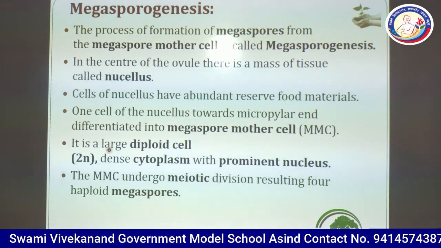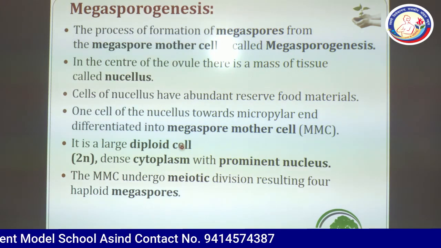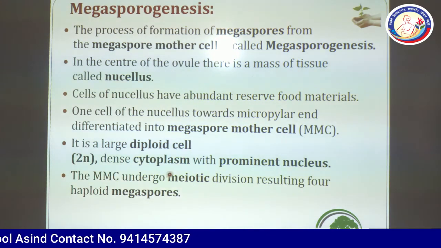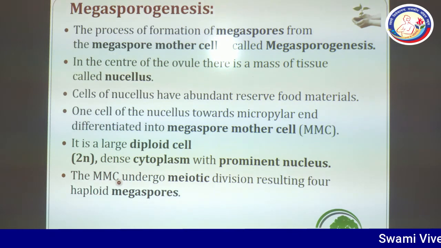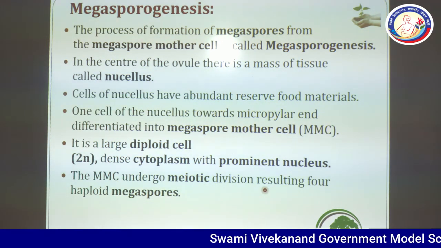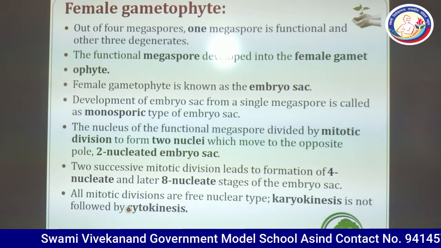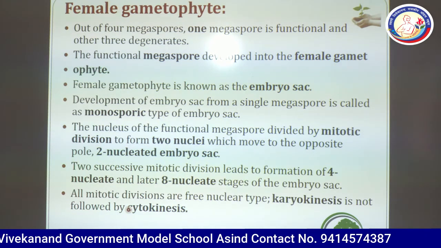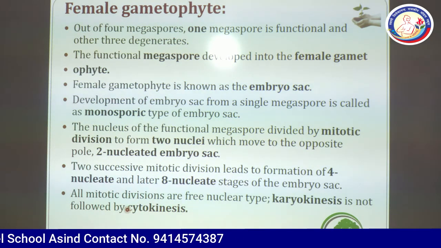It is large in size and it is a diploid cell. It has dense cytoplasm with a prominent nucleus. This MMC undergoes meiotic division, resulting in 4 haploid megaspores. So you can see in the process of megasporogenesis, 4 megaspores are created.